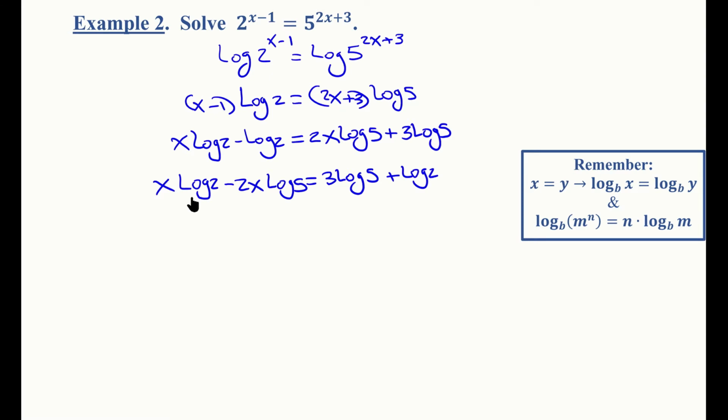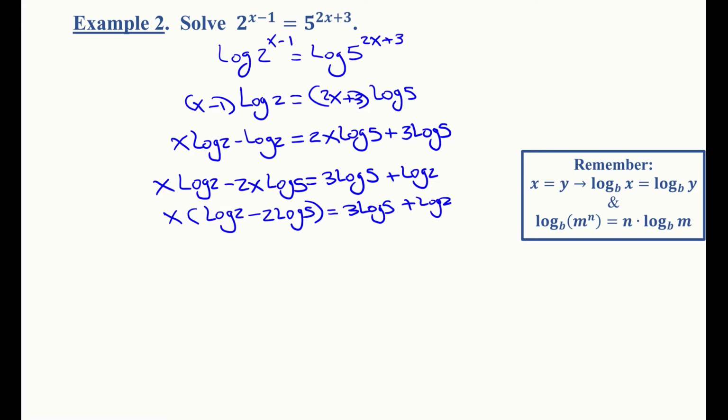Now, since we're solving for x, we're going to have to factor out the x. So we get x times quantity log 2 minus 2 log 5 equals 3 log 5 plus log 2.